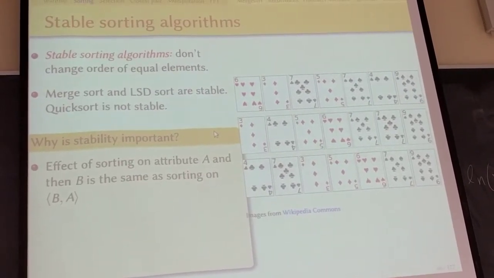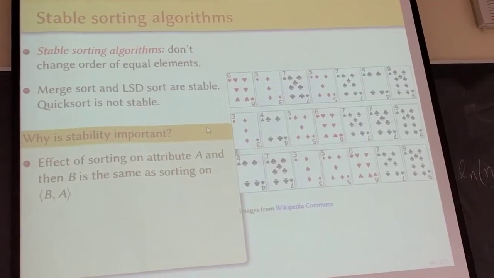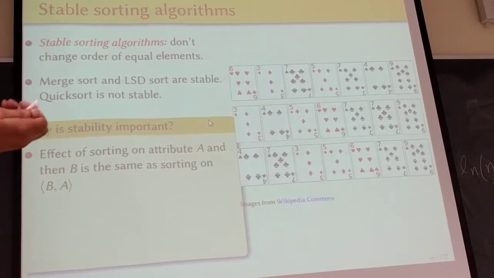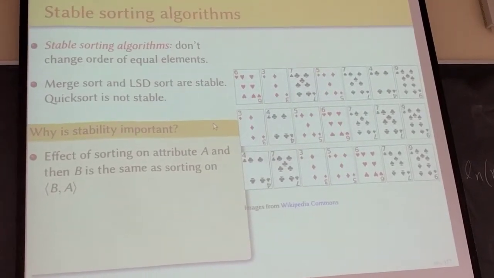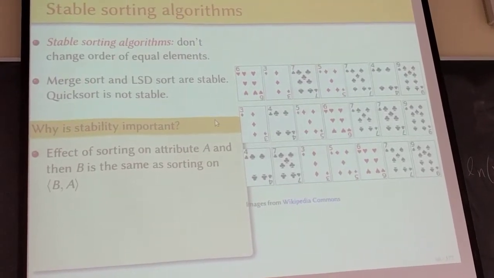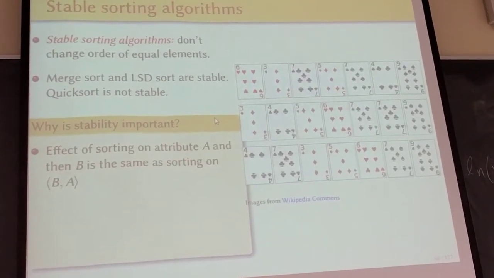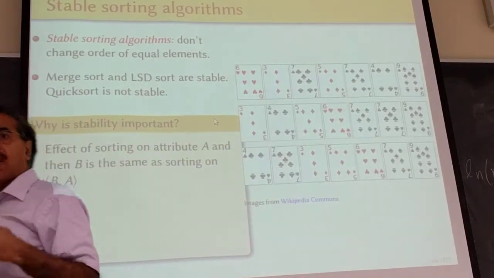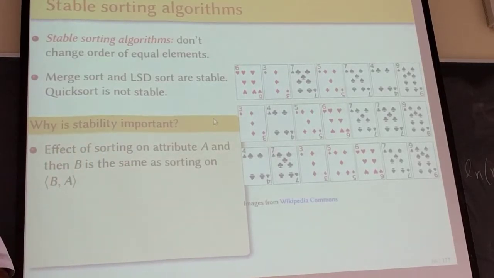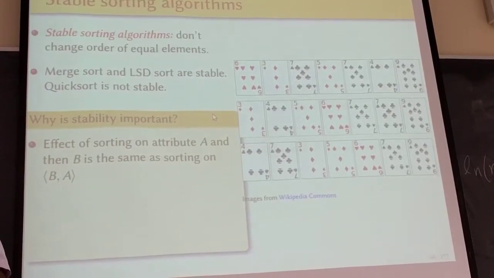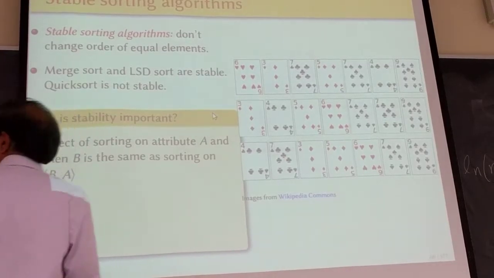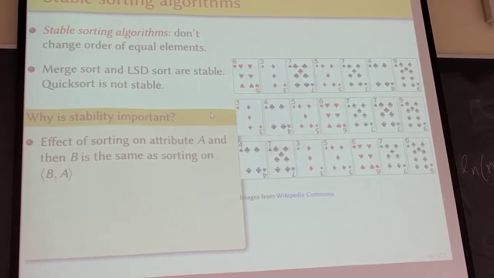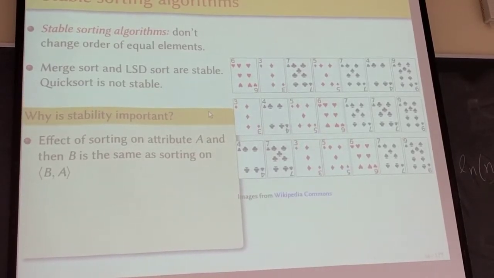So now the idea is that you could first sort on, let's say, the suit, okay? And then you sort on, let's say, the numbers, right? The idea is that if you move around things that are already sorted, then your original sorting order might be disturbed.